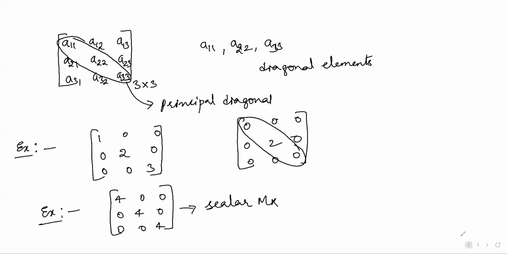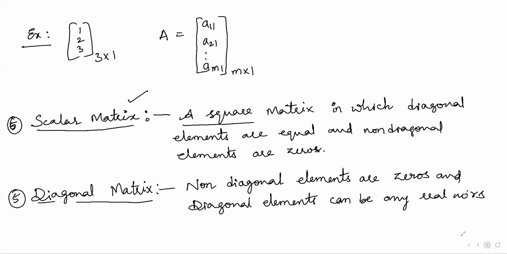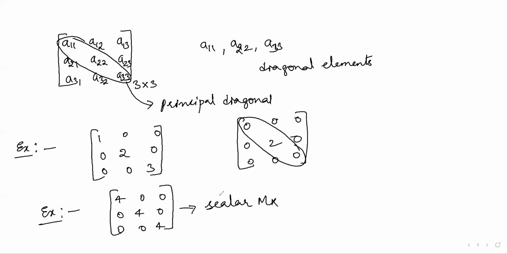Hope you are clear. This is an upper triangular matrix because below the principal diagonal the elements are zeros. It is also a lower triangular matrix because above the principal diagonal all three elements are zeros. So you can call it both upper and lower triangular matrix.